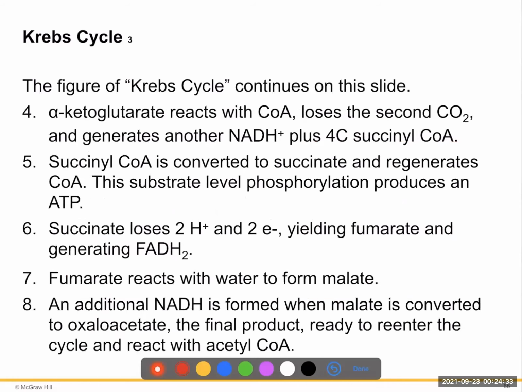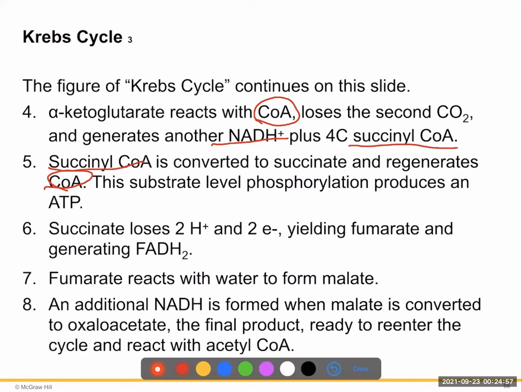Okay. The alpha ketoglutarate reacts with the coenzyme A we're using again, loses another CO2, and generates another NADH. So we get another electron carrier, plus 4-carbon succinyl coenzyme A. The succinyl coenzyme A is then converted to succinate and regenerates a coenzyme A. So again, coenzyme A is being regenerated.